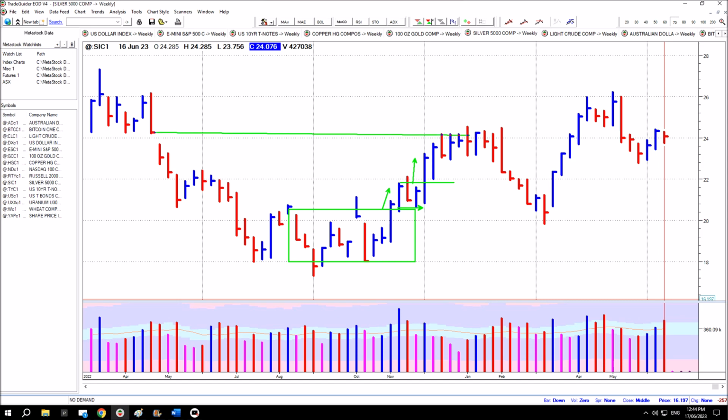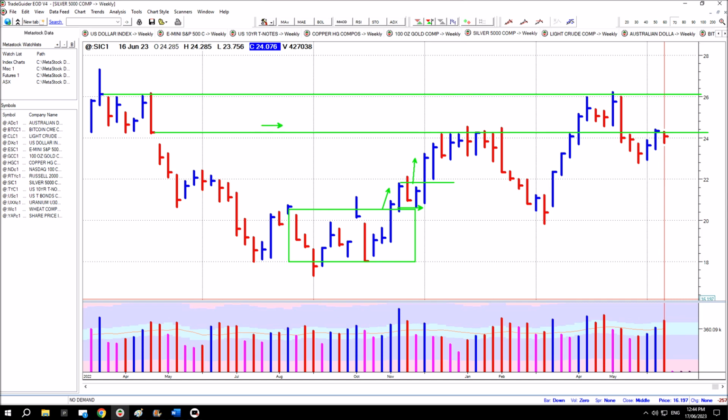Now here's the lows of the range here, and here's the highs of the range, and this is the resistance in the background. You can see the market made an attempt to absorb just below the lows of the range before price did break down, similar to gold and copper, tested the breakout for strength before finding buying support down here and then moving higher.